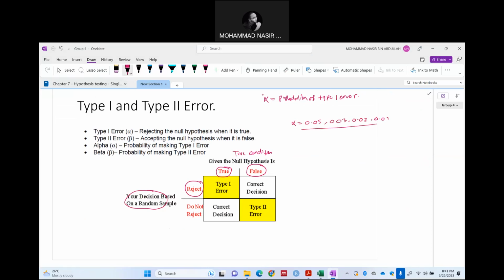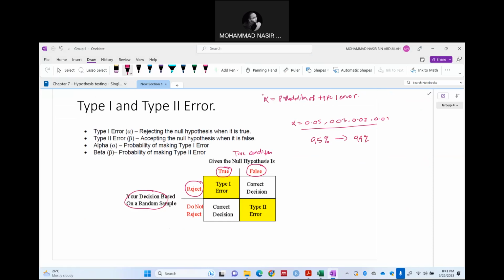It means that we are trying to make our analysis as perfect as possible, which is 95% and above, and sometimes 99%. Right. So to get the value of the probability of type 1 error, of course we need to calculate the probability value, which is the probability of rejecting the null hypothesis where the null hypothesis is true.